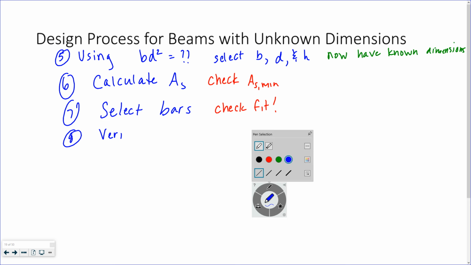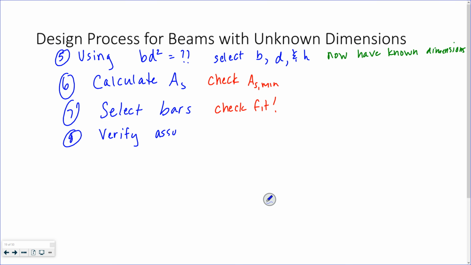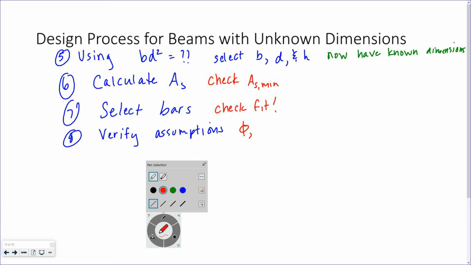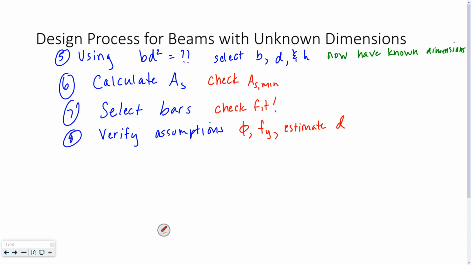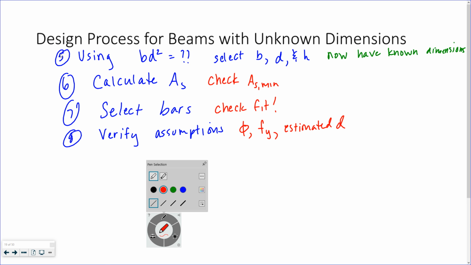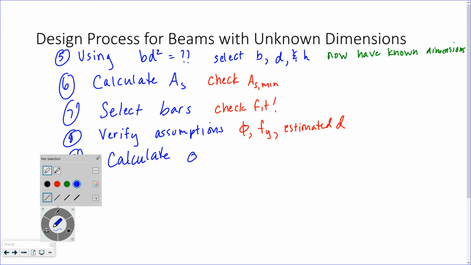And verify assumptions, which were phi, Fy. You probably estimated D off of an H that you selected. And then calculate your capacity. Make sure that it's greater than what you're required.